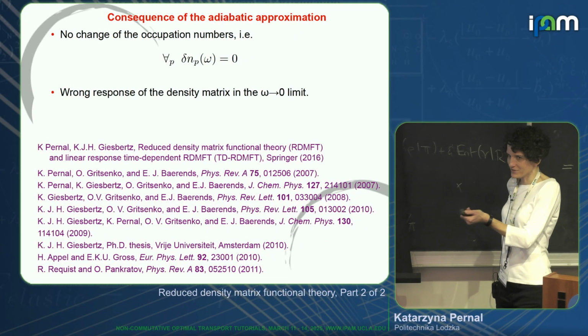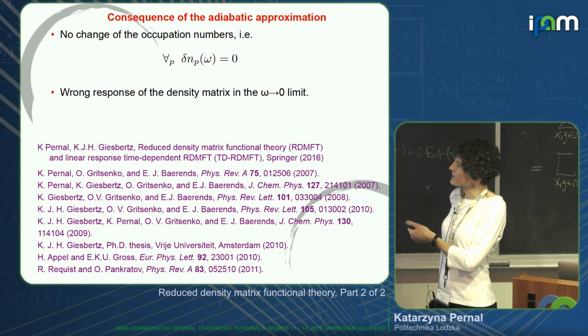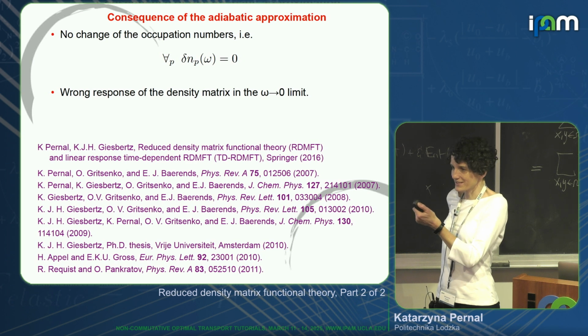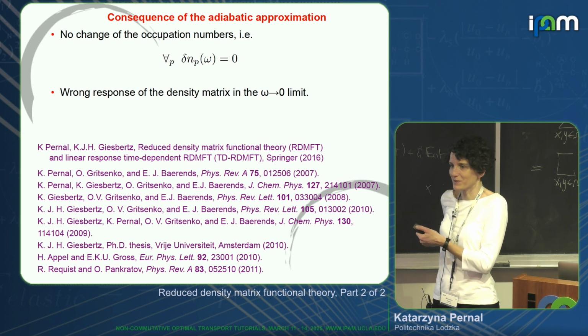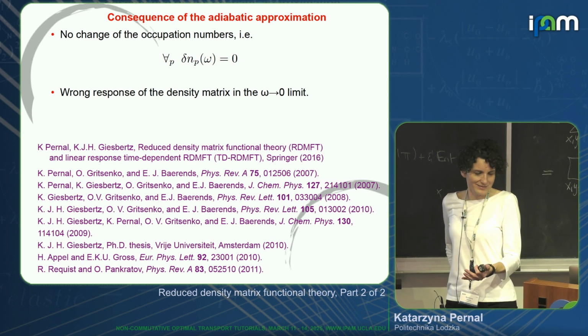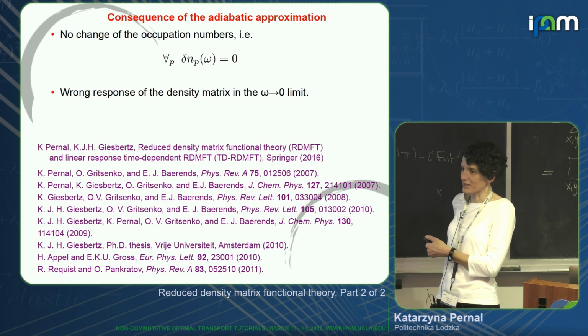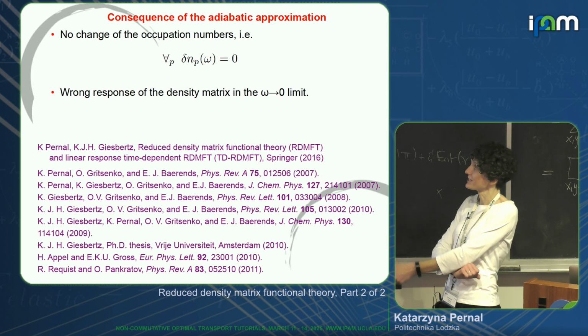So you perturb your system, and then only the natural orbitals react to the perturbation, but not the occupation numbers. Definitely this is wrong, because in the response of the density matrix both the orbitals and the occupation numbers should change, not only the off-diagonal parts.